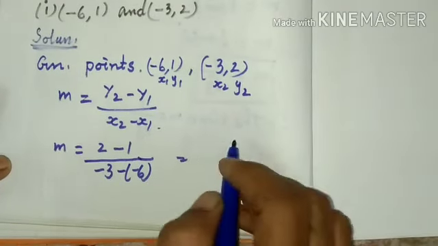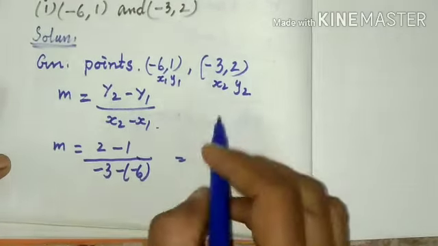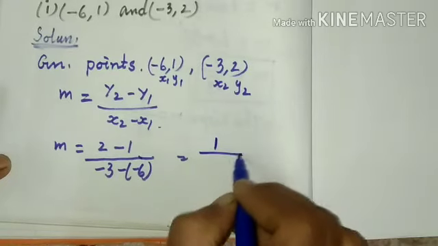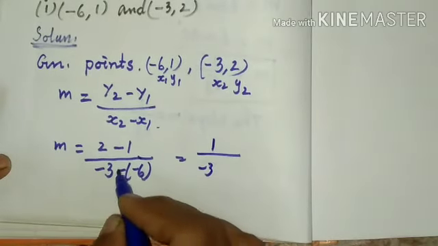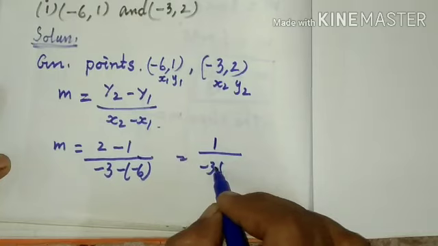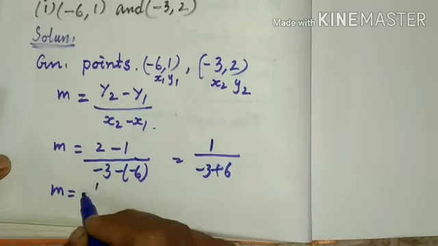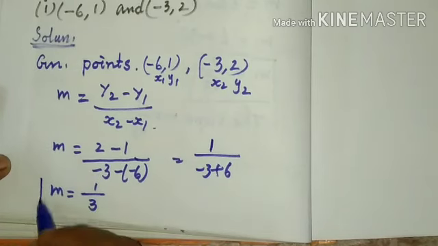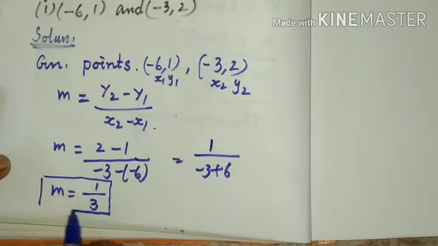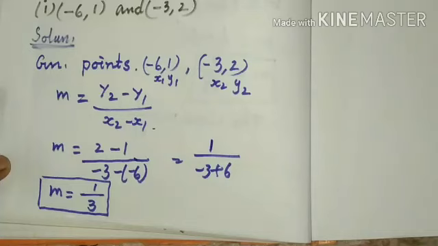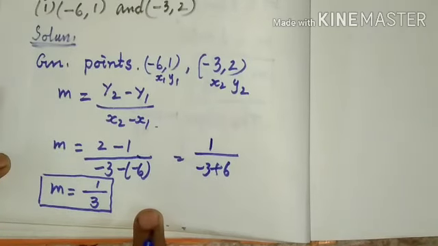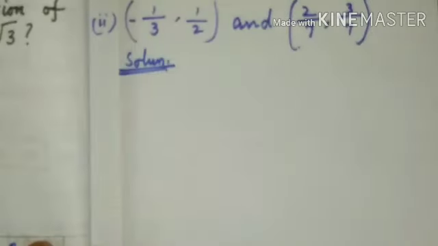Now you have to simplify this, means we get 2 minus 1, 1, then minus 3, minus into minus, plus 6. That is m is equal to 1 by 3. Hence the slope of the line m is equal to 1 by 3. This is the answer for this question.